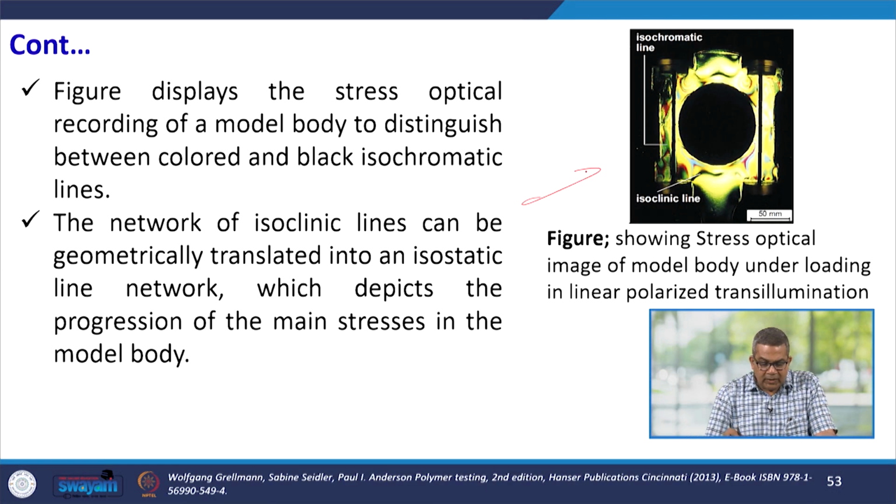This figure displays the stress optical recording of the model body, to distinguish between the colored and black isochromatic lines, and the network of isoclinic lines can be geometrically translated into an isostatic line network, which depicts the progression of the main stresses in the model body.